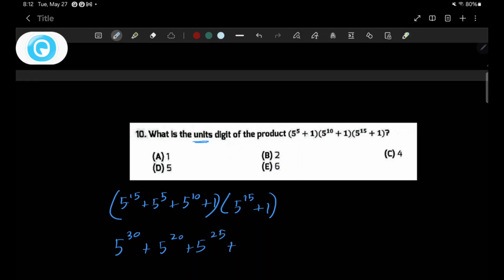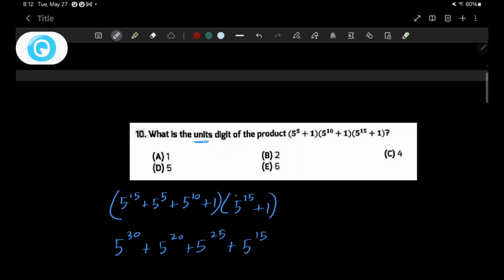plus 5 to the power of 15. Okay, now I'm just adding the powers here. Since the bases are the same, the powers will be added, and when 1 is multiplied we just get the other thing.